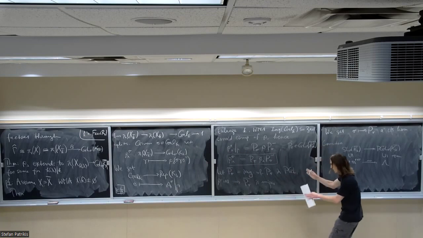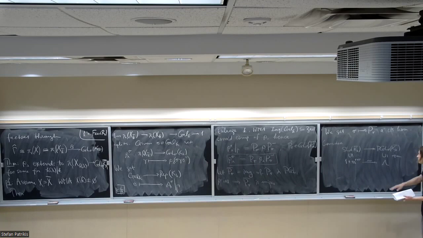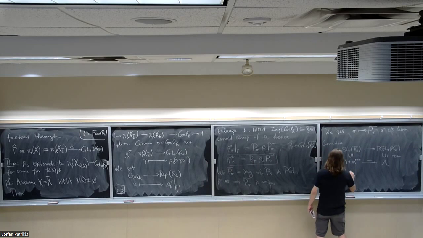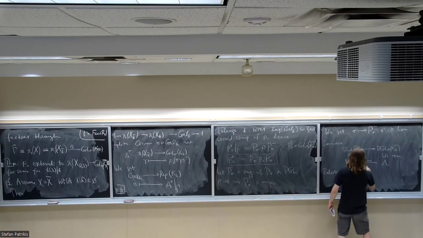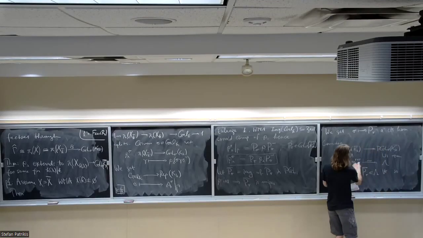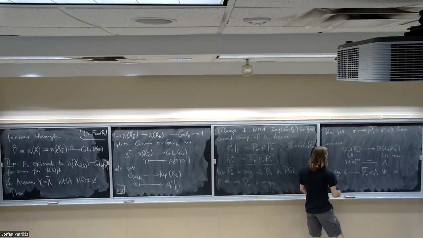So by, again, enlarging K, we can assume that all of these P sigma bars live in this open subgroup. So P sigma bar lives in this open subgroup for all sigma, and so we get this unique lift along the other side.